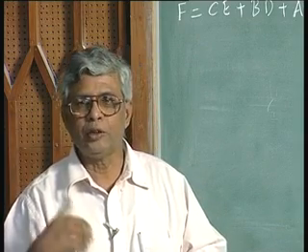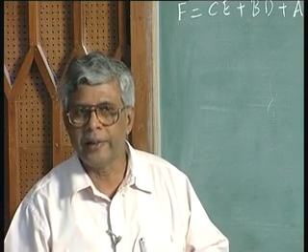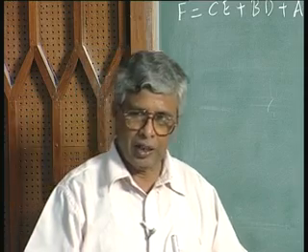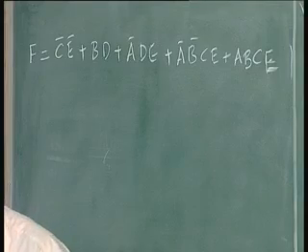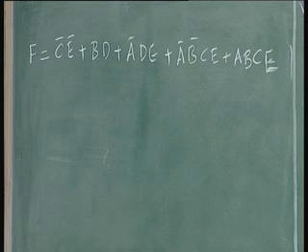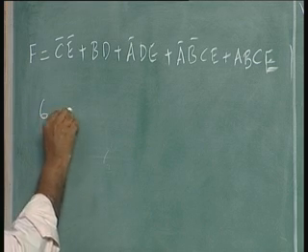Now I can extend this to 6 variables. Can I? Yes. If I want 6 variables, I want 4 maps, each of 16 cells. I will have to call it a 6 variable map.